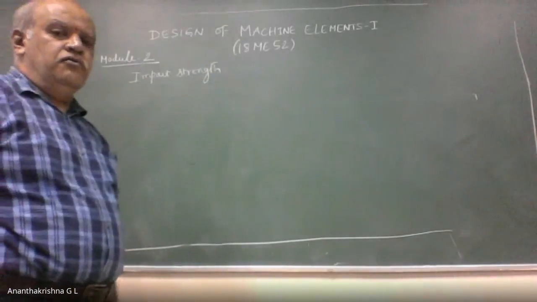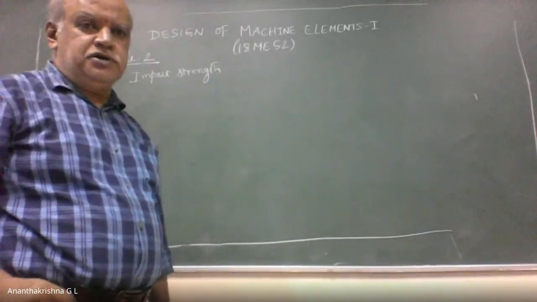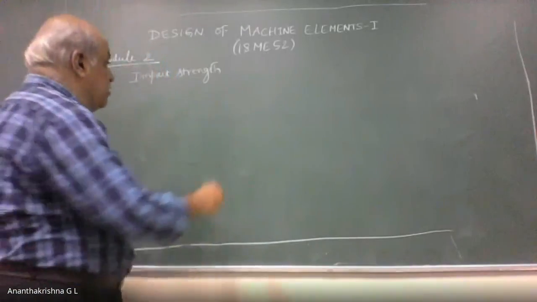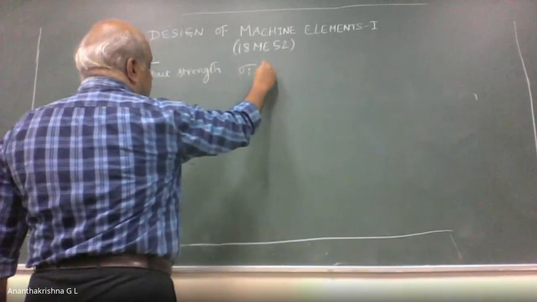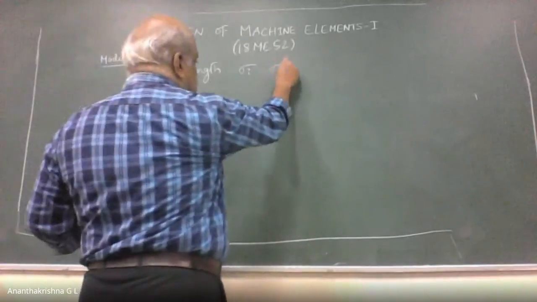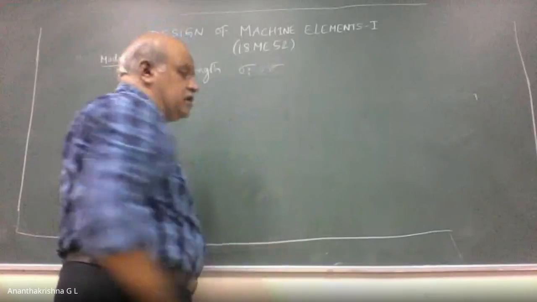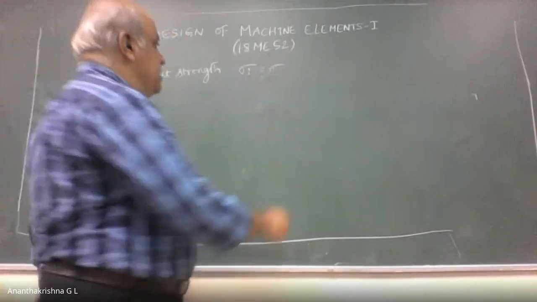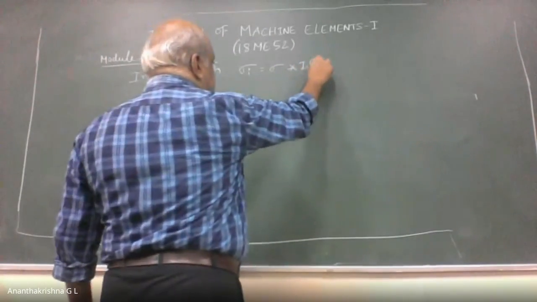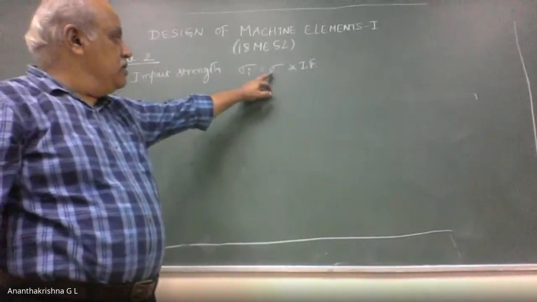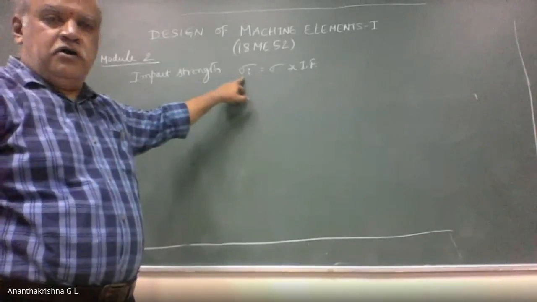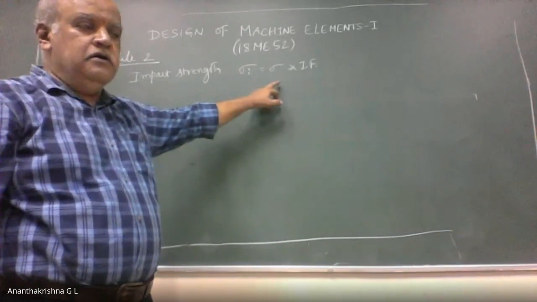In impact strength, we are going to derive an expression for the impact factor, and also an expression to find the impact stress, sigma I. Essentially, we multiply the nominal stress that we find from our regular mechanics of materials equation with the impact factor, which is always greater than 1. When we multiply the nominal stress with the impact factor, we get the impact stress. We are going to derive an expression for impact stress.